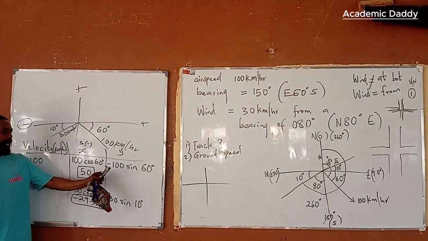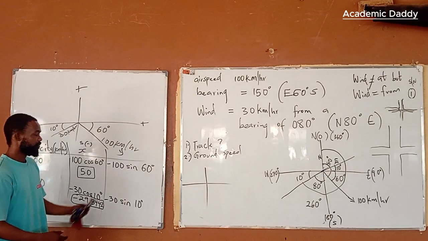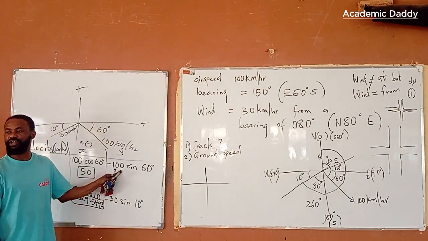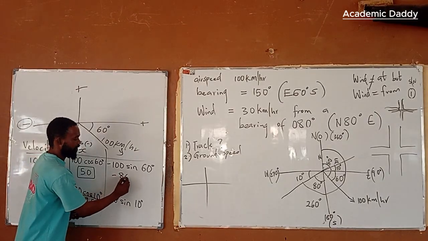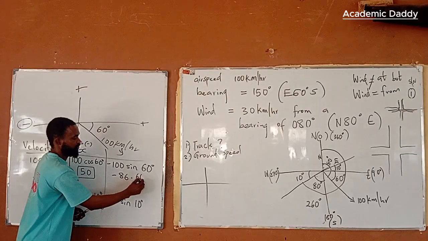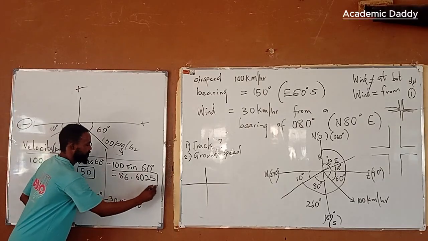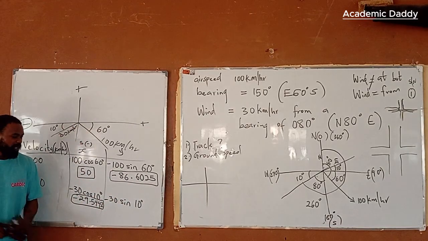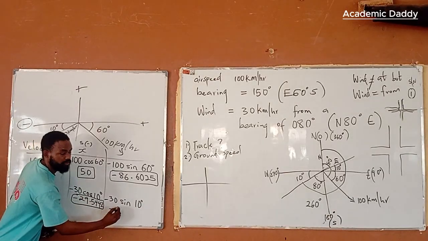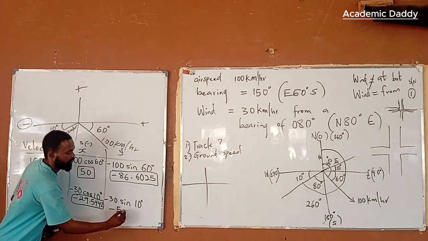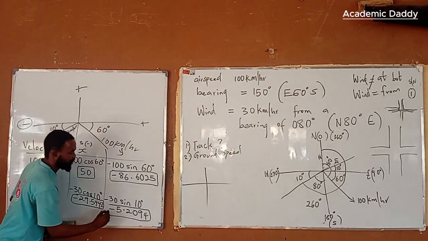Minus 100 sine 60, do for me. Minus 86.6025. Punch for me minus 30 sine 10 degrees. Minus 5.2094. Just always approximate to 4 decimal places, and that is it.